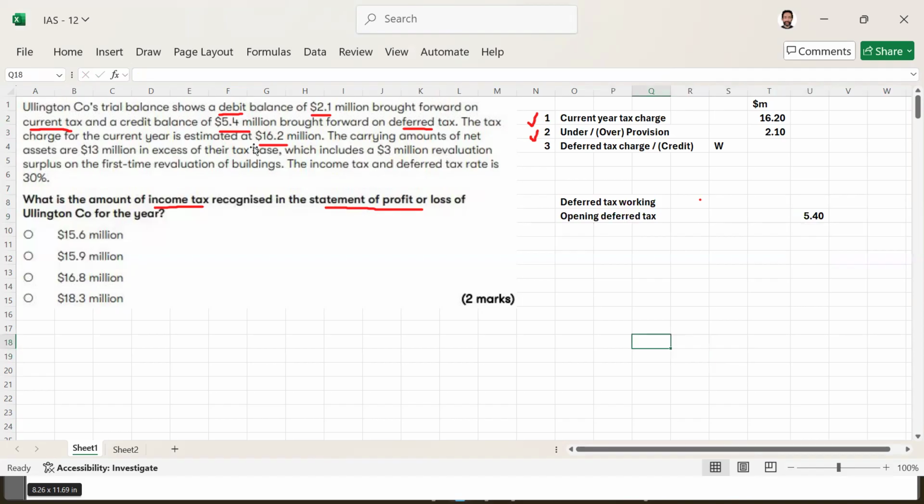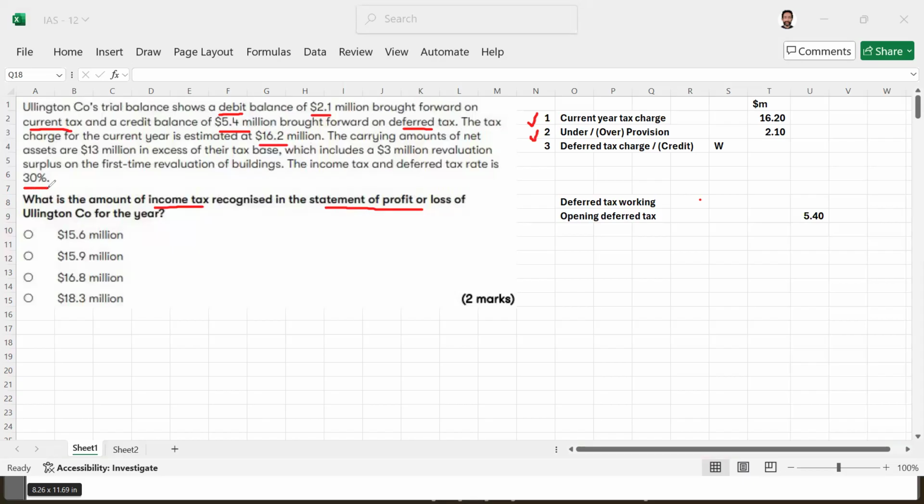The current amount of net assets are 13 million in excess of the tax base. When the carrying amount of the assets is more than its tax base, this refers to a temporary difference. And when we apply the tax rate, we calculate the deferred tax liability.